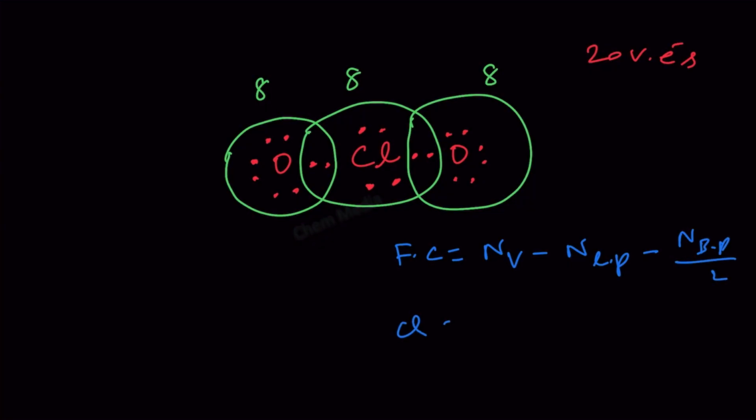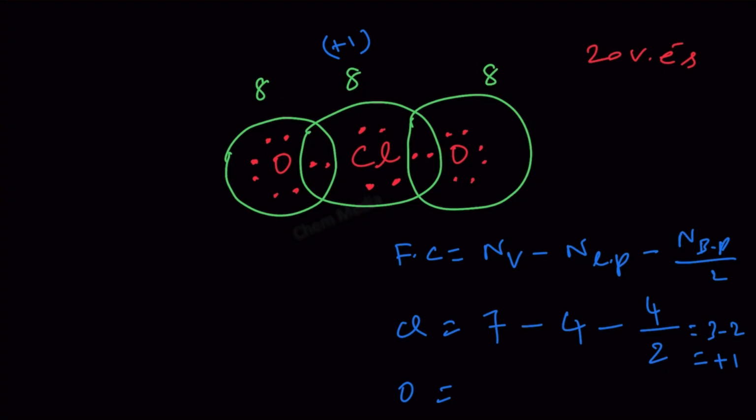So for chlorine it would be 7 valence electrons in the atom minus we have 2 lone pairs here, therefore 4, minus we have 2 bond pairs, and therefore 4 by 2, and this will be equal to 3 minus 2, and that is equal to plus 1. So if we are adapting to this structure, then we have to put a formal charge of plus 1 on top of chlorine, and then for each oxygen atom let's calculate the formal charge.